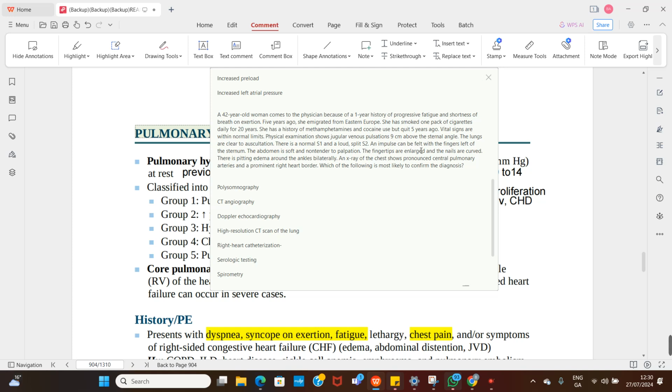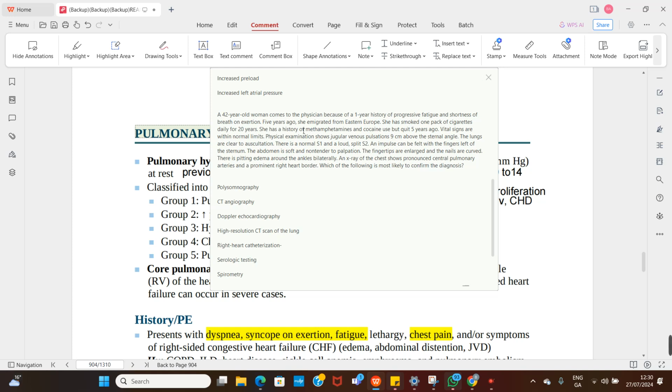An impulse can be felt with the fingers left of the sternum. So there's parasternal heave. So there's already right ventricular hypertrophy, cor pulmonale. The fingertips are enlarged and the nails are curved, so that's finger clubbing, right? So this means that this is a chronic problem. There's pitting edema around the ankles bilaterally, further talking about the right ventricular failure, and the X-ray shows pronounced central pulmonary arteries and a prominent right heart border.